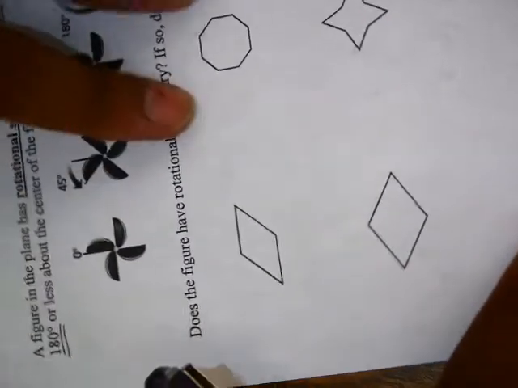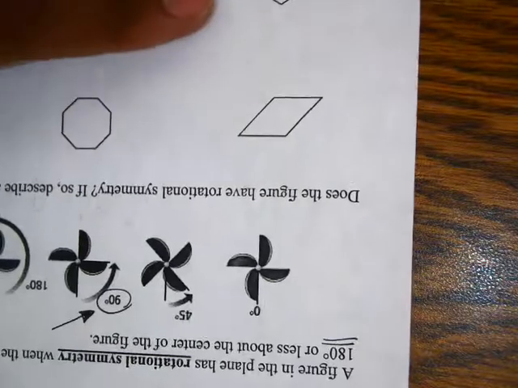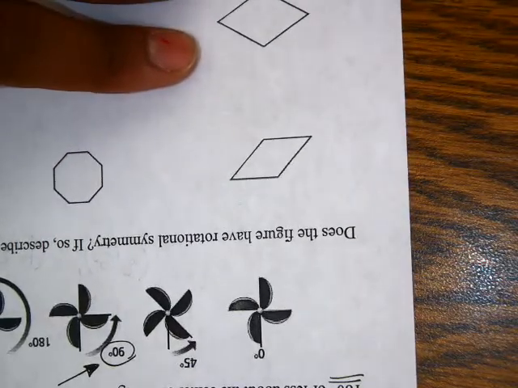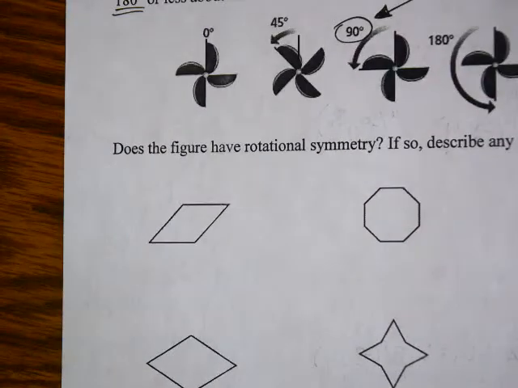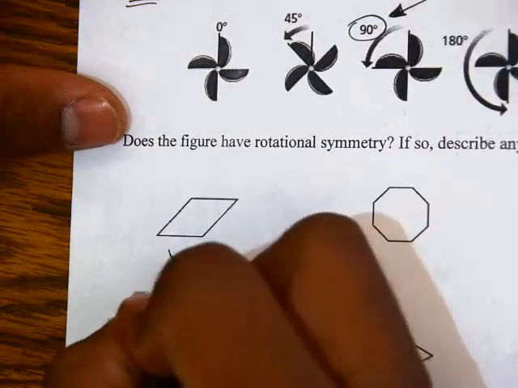And I just keep turning and see if I end up with the same shape. No, that's not the same shape. No, well, that is the same shape. So I got the same shape once, and back to normal, twice. So it does have rotational symmetry.